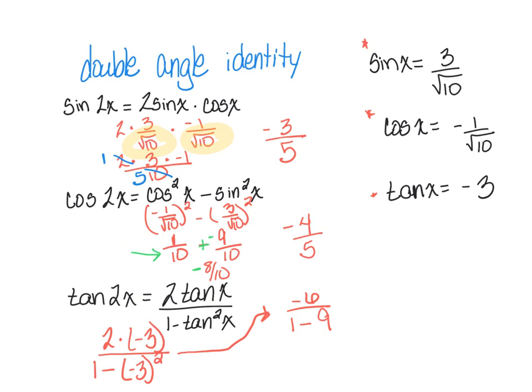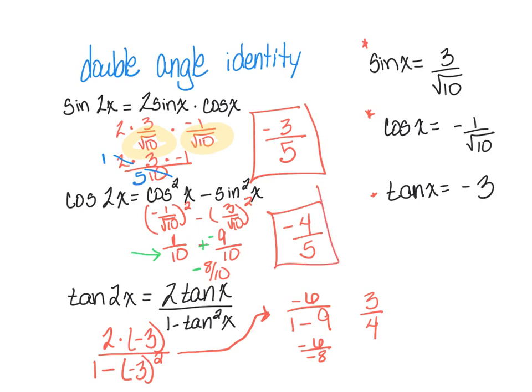So negative 6 over 1 minus 9 becomes negative 6 over negative 8, and that is positive 3 over 4. So the sine of 2x is negative 3 over 5. Cosine of 2x is negative 4 over 5. Tangent of 2x is 3 over 4.